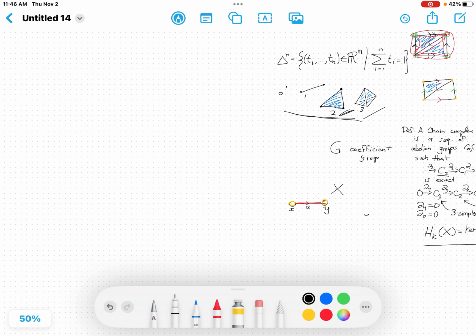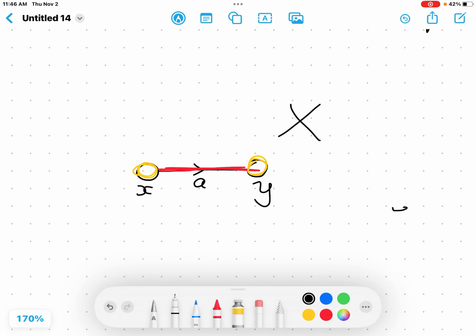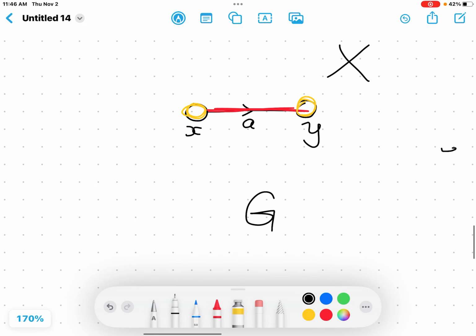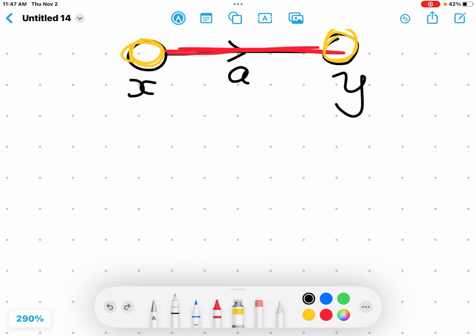Once you've identified how many of those there are, now you need to identify the coefficient groups associated with x, y, and A here. So what is G? Well, G corresponds to a free abelian group generated by each of these. So x and y generate a single free abelian group that has 2 generators, x and y.